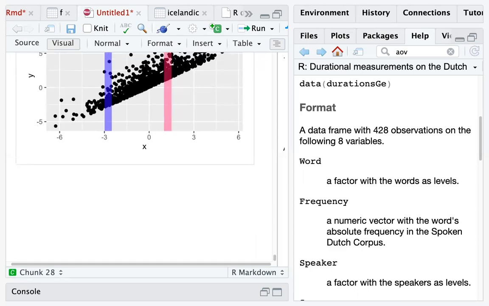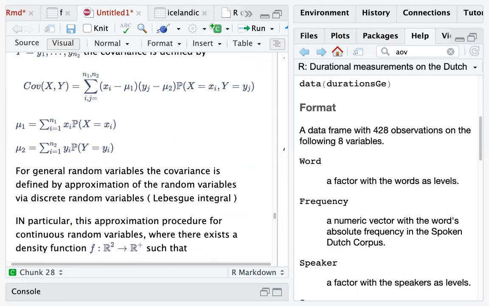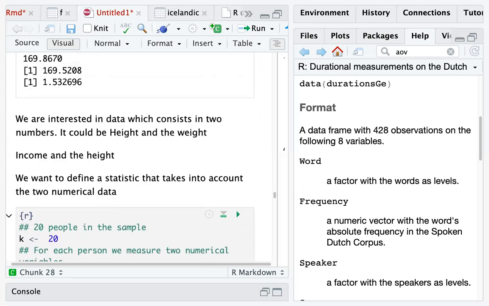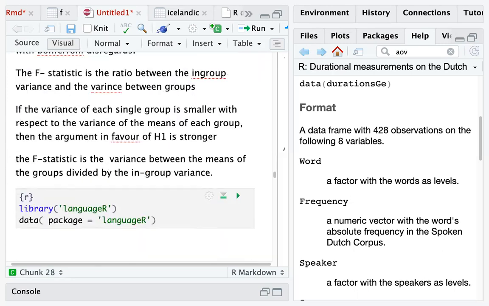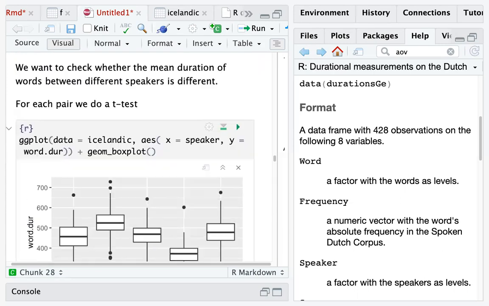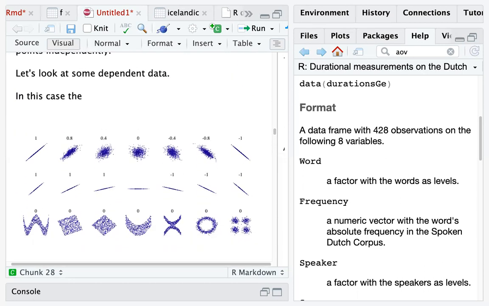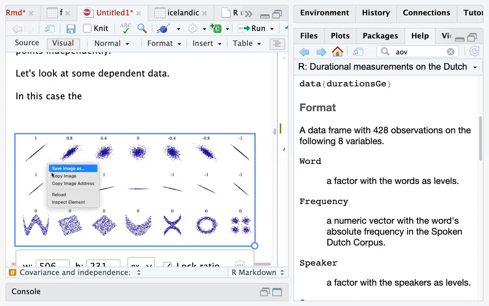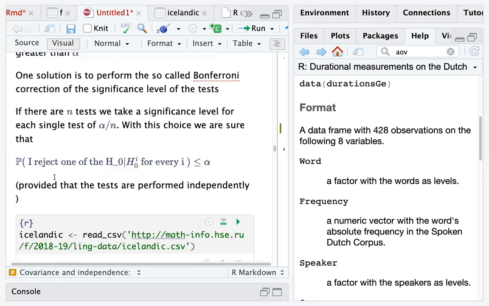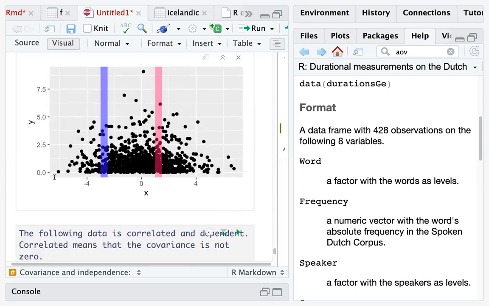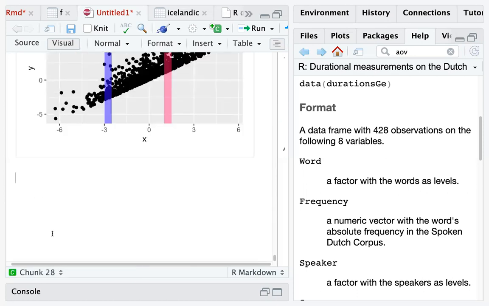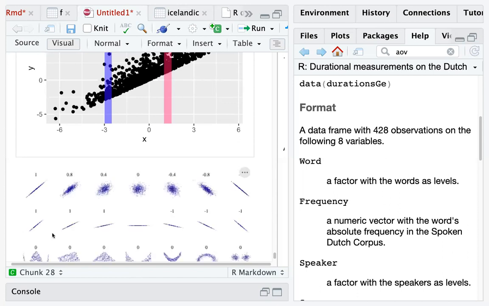So let's look at this plot. Let me copy the image.